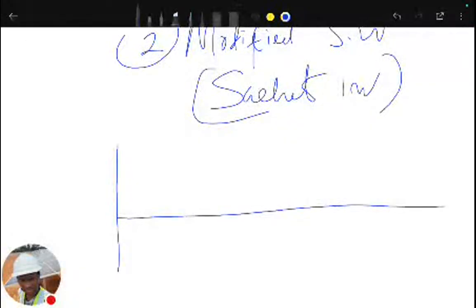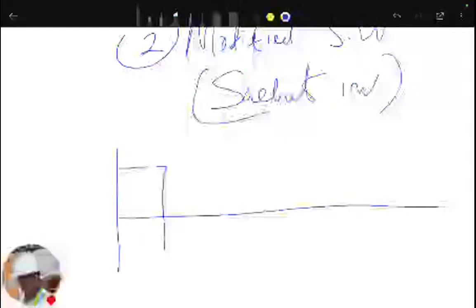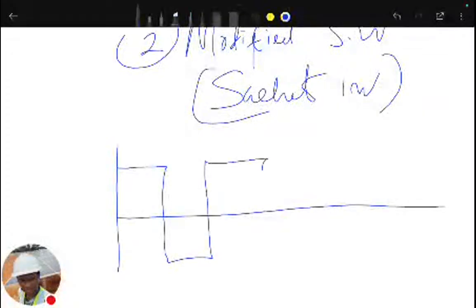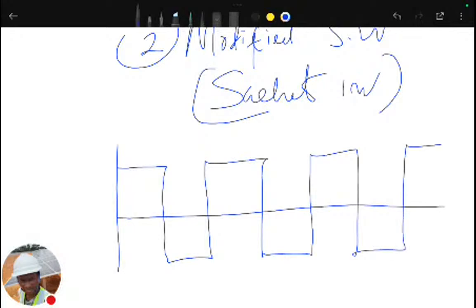So instead of achieving a pure sine wave, it cannot achieve a pure sine wave. What it can do is to approximate a pure sine wave by producing a square wave. This is the wave pattern produced by a modified sine wave.